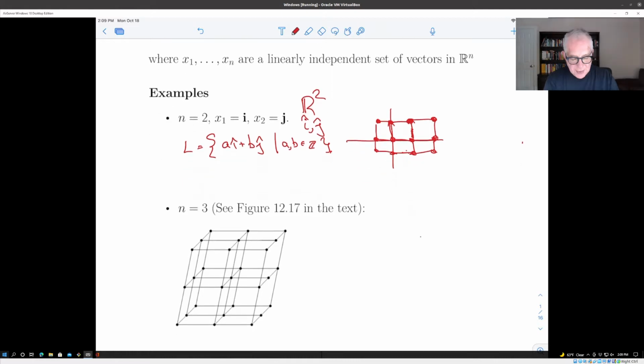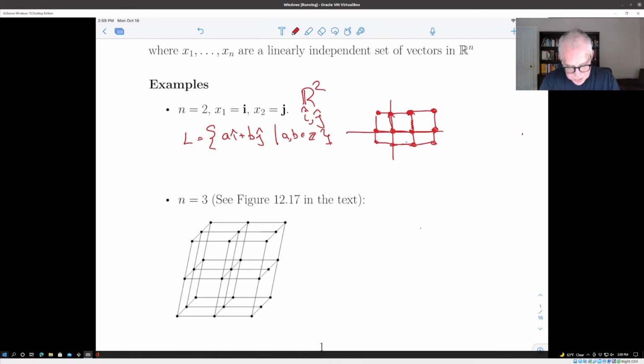If you do this in 3 dimensions, you get a picture which looks like this. Here, the basis for R3 has these, let's say these 3 vectors, maybe this one, and this one. And then you take all integer combinations of those and you end up with the points that are marked in black here.